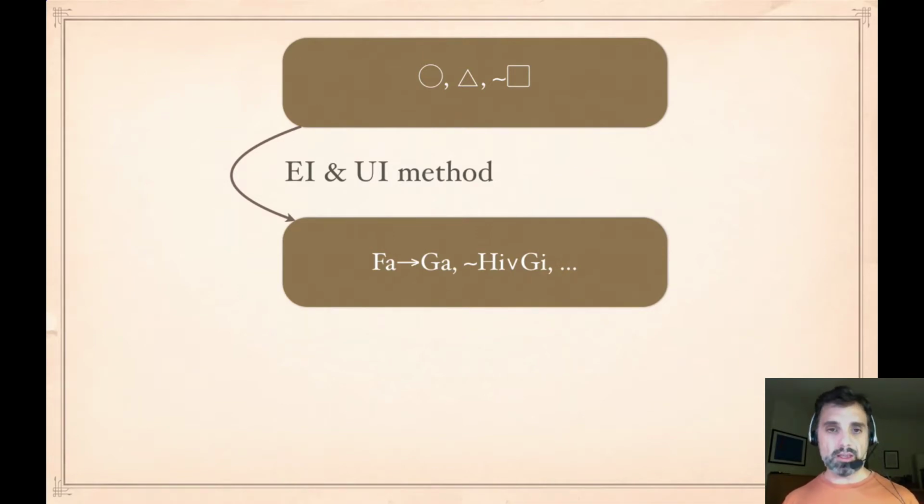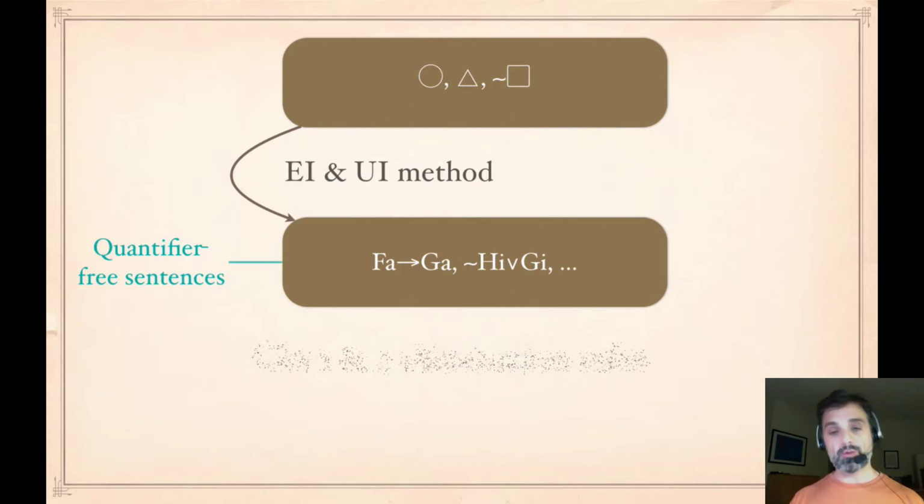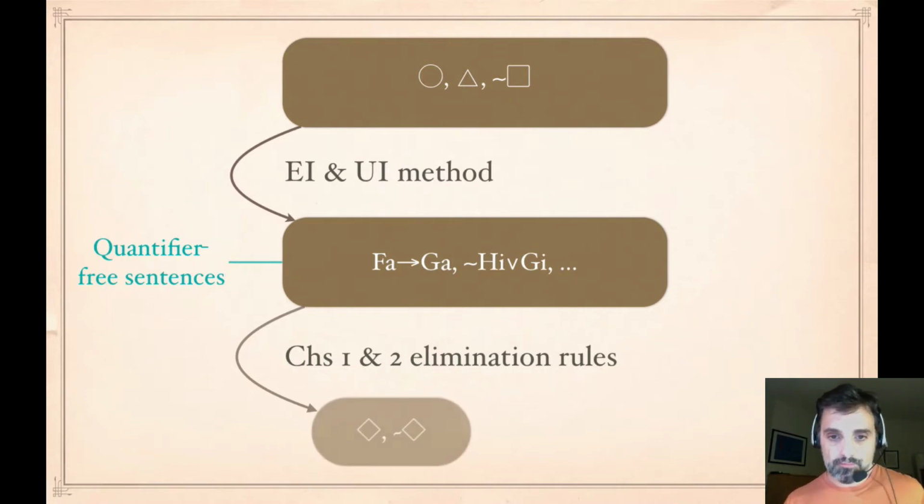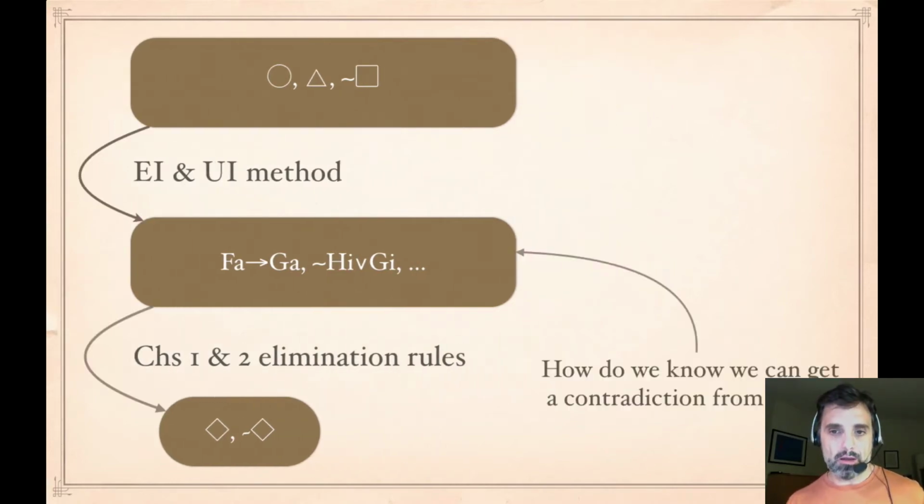After we've applied the EI-UI method, we have sentences with no quantifiers in them. Then in the second stage, we use our Chapter 1 and 2 rules to get out, we hope, a contradiction. One might wonder, how do we know that from the quantifier-free sentences we can get a contradiction out of them? What's the guarantee that we can do that?